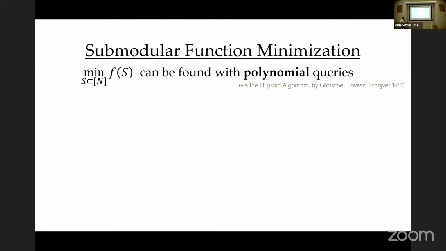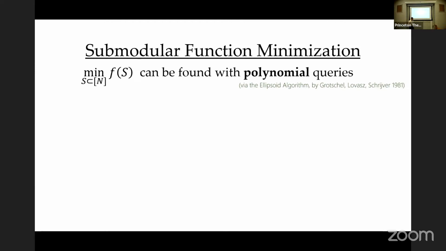The essence of it is that, because of submodularity, this discrete optimization problem can be cast as a continuous convex optimization problem. Then you can just use the ellipsoid algorithm or any other algorithm that is known, and that is enough to find this. So that's a one sentence reason for this. Of course, why that is true needs a little bit of proof, but it can be done in maybe half an hour or 1 hour.